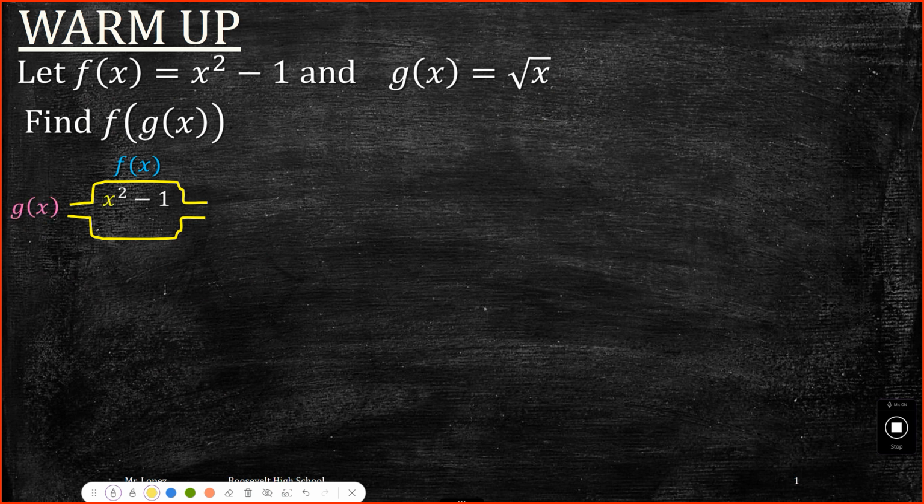So if the f function is x squared minus 1, and we're going to plug in g of x, where g of x is square root of x, then for that x, I'm going to substitute square root of x. f composite g of x is x minus 1.